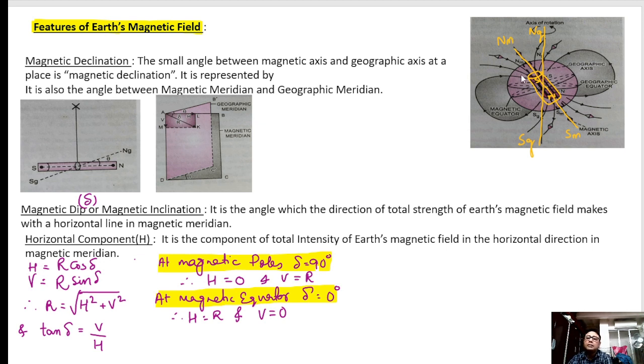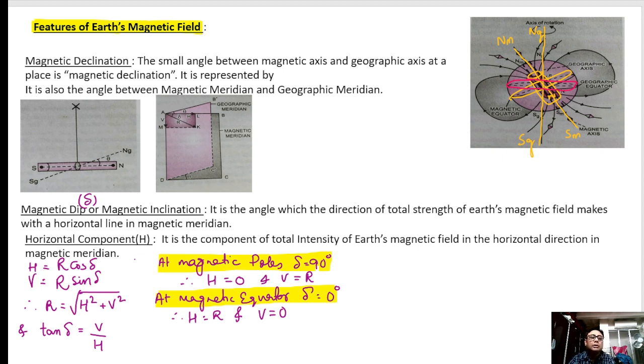Clear? And this is the magnetic equator. If this is the magnetic equator, then this is the geographical equator.